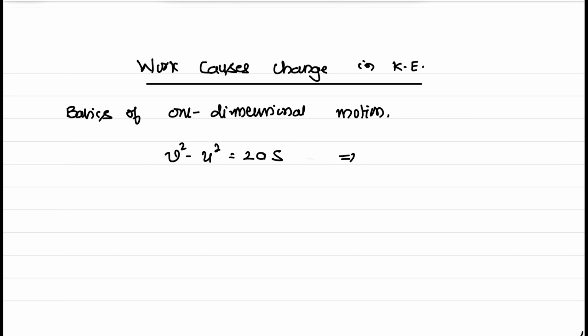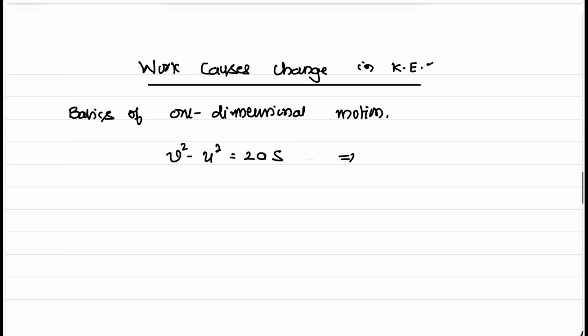We will use this concept and present a solution for finding the kinetic energy. We have defined work. From there we will try to define the kinetic energy, because work causes change in kinetic energy.